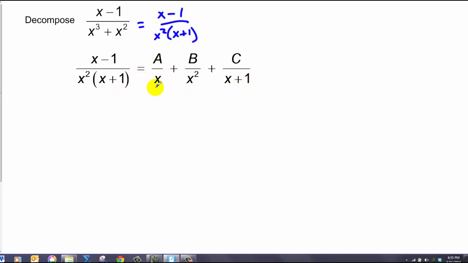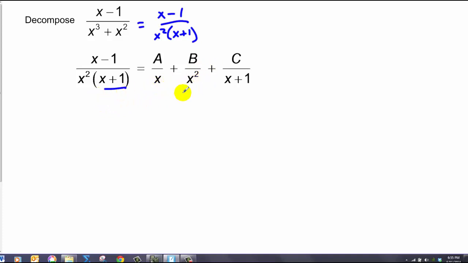So what I have is a linear factor of x, my repeated factor of x squared, and then my non-repeating factor of x plus 1. Notice I'll have 3 constants in the numerator. Once again, x squared, although it looks like a quadratic, is a repeated linear factor.